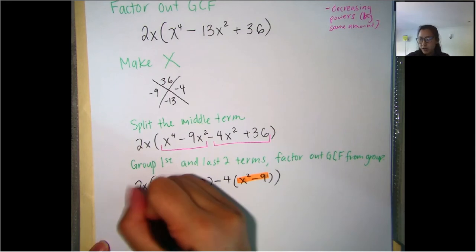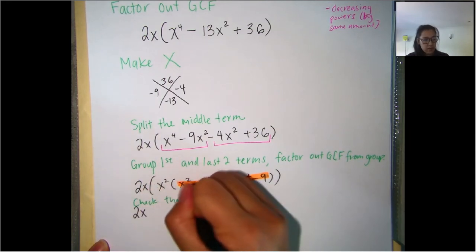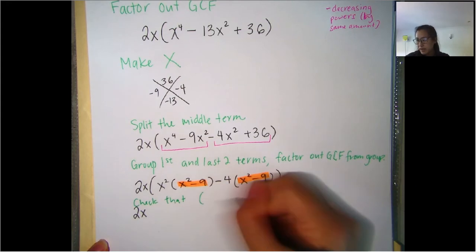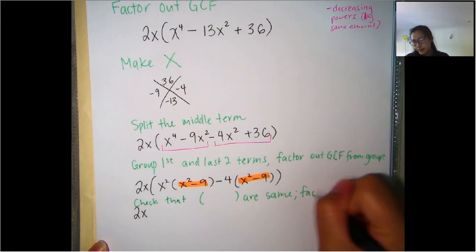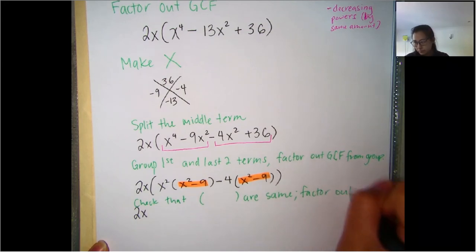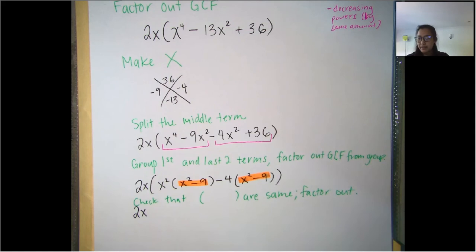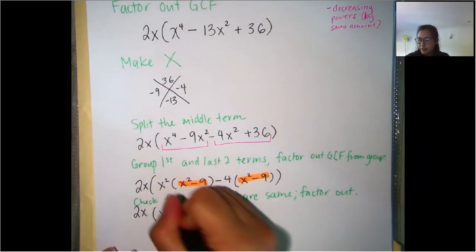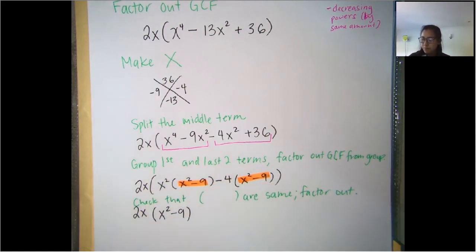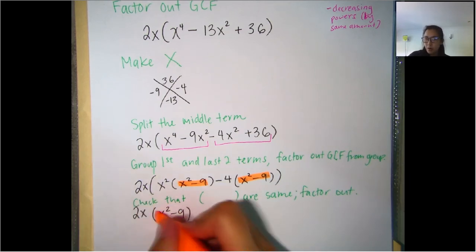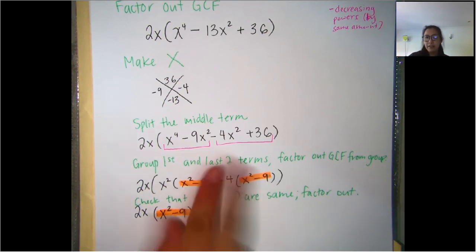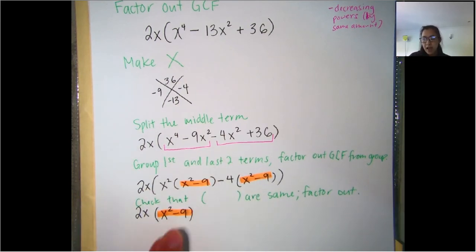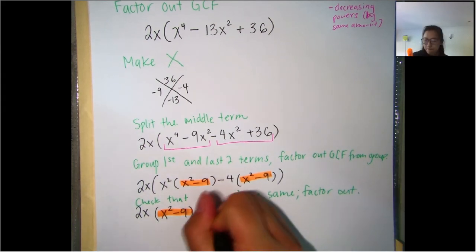So check that the insides of the parentheses are the same, and then factor that out. So we have 2x times x squared minus 9. You need to write that only once. Some of you like to make the mistake of writing that twice because you saw it twice here. But we're factoring that out, so you write it only once, and then you write basically what's left. And that would be the x squared and the minus 4.